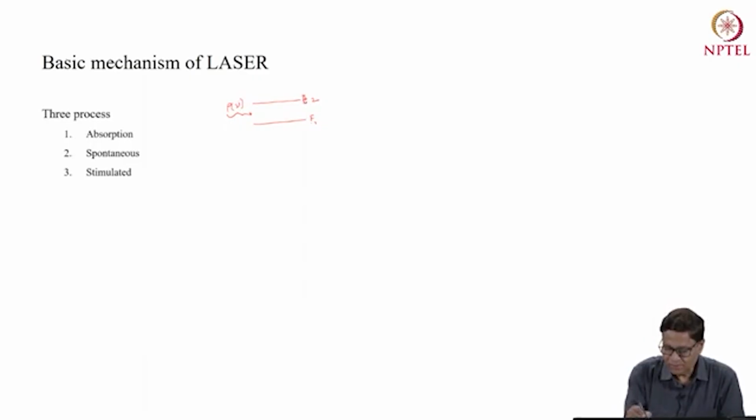This is E2. Then the electron from low energy state will go up because of this rho nu. So the final state will be, this is E1, this is E2. The electron has come here. So this process is called as absorption.